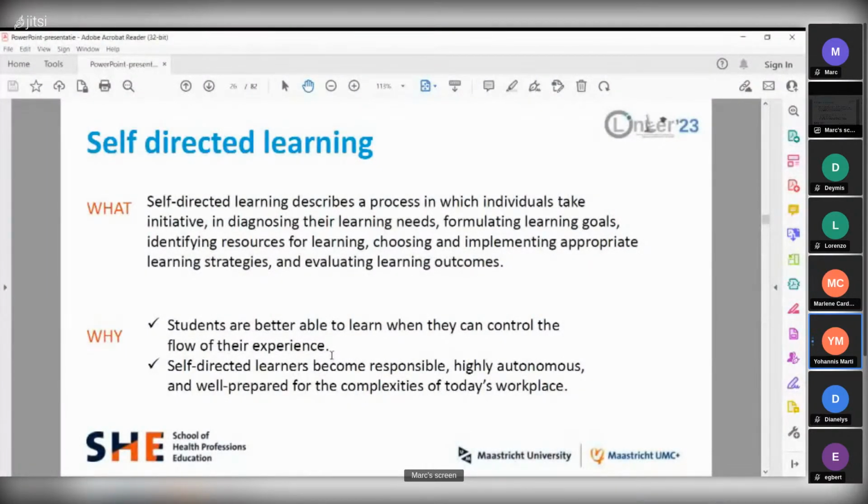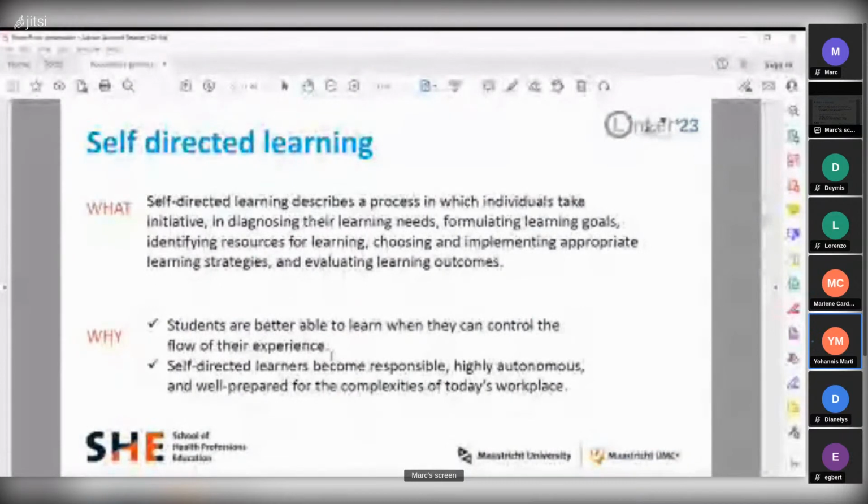And based on that, you're going to look for information. You're going to look at different sources and analyze them. And that way you learn how to learn. But it's also better for the learning experience of the students because they can control the flow of their experience. They can start small and grow bigger. And it also makes them very responsible for their own learning process, which they also need in today's workspace.